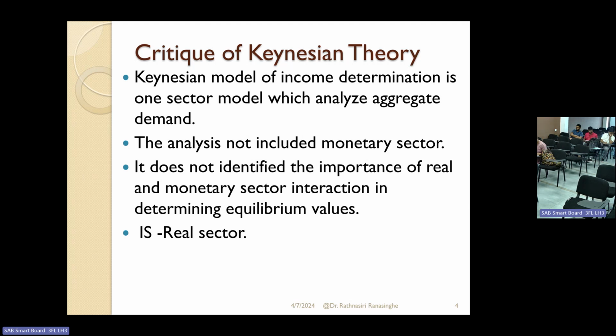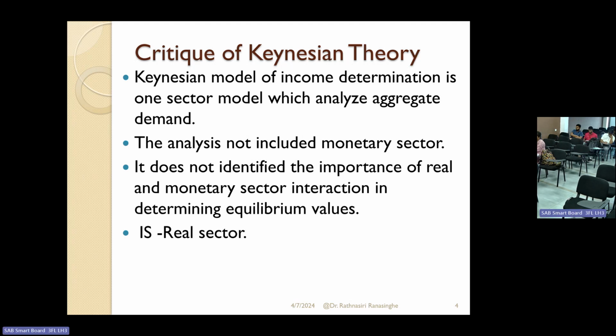Why do people demand money? According to Keynes's words, he says liquidity preference, so that is the money demand. And M means money supply. Those are the monetary factors identified in the monetary sector: money demand and money supply.